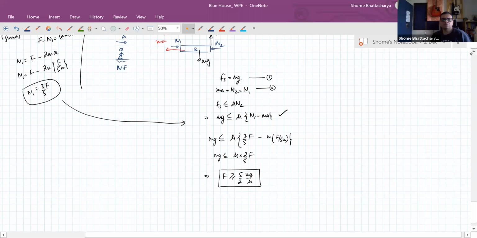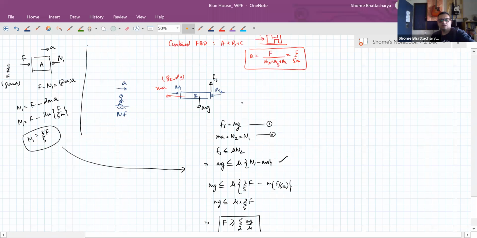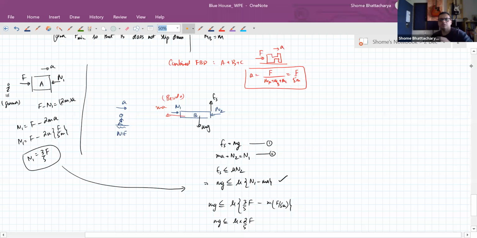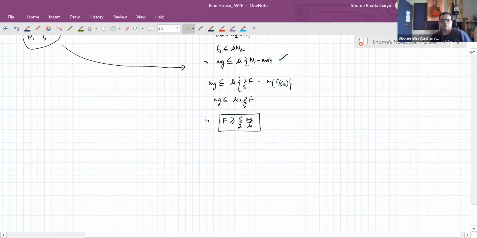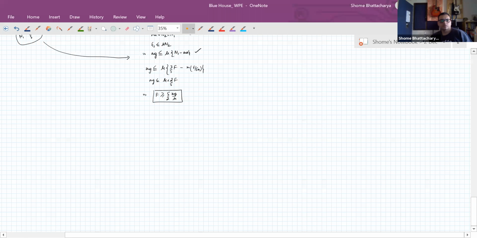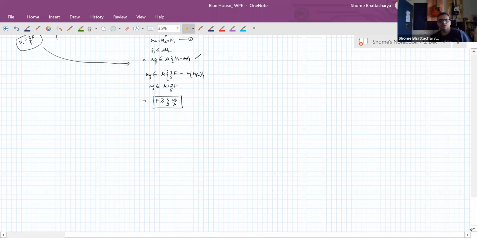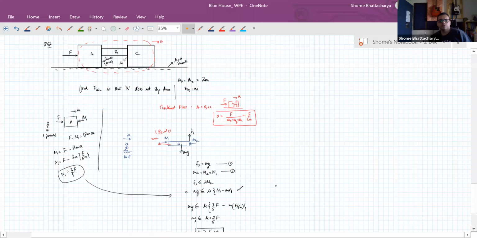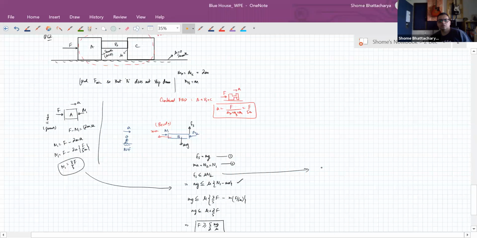So alternately, actually, you can make this simpler by just taking the free body diagram of C and directly calculating N1, calculating N2. So this question actually can be solved in a simpler way if you just use this equation, so limiting friction mg be less than equal to mu N2, and for N2 you can just look at the free body diagram of C in the inertial frame.